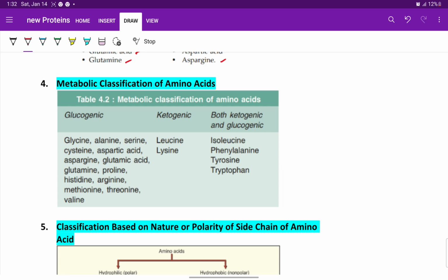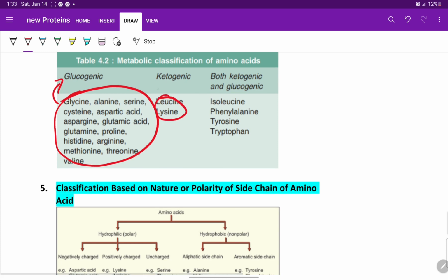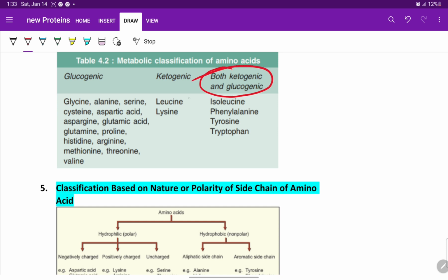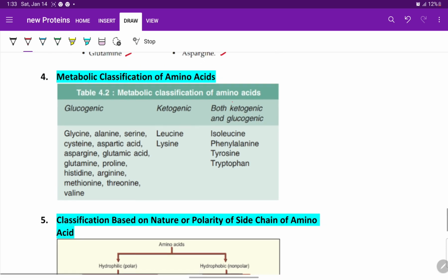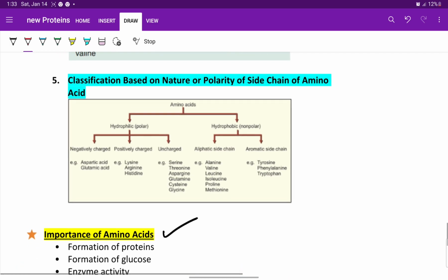The fourth is based on the metabolic activity of your amino acids. Some amino acids are glucogenic and some are ketogenic. They undergo ketone body reactions, they undergo glucose reactions, and some of them are both ketogenic and glucogenic. Based on this, they have been classified under metabolic classification.